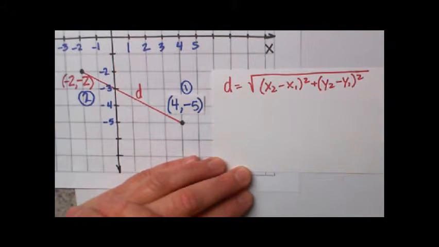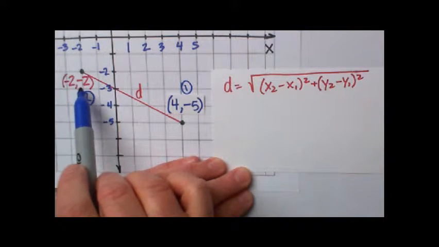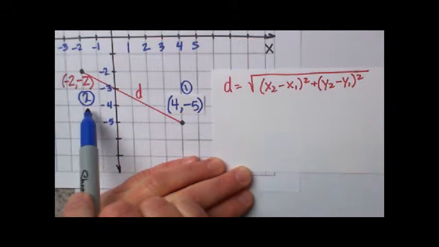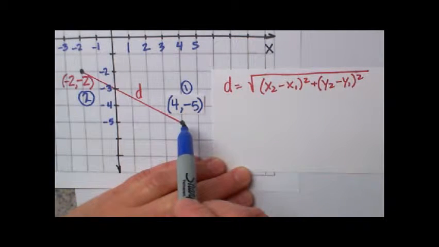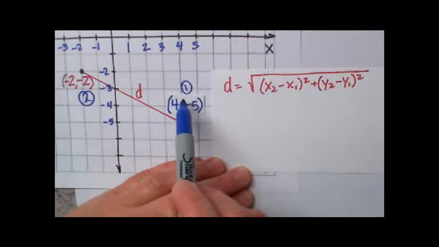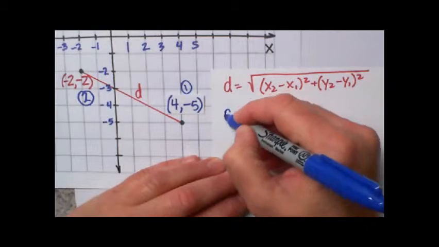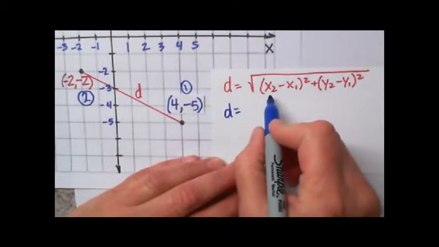Let's do one more example of the distance formula. This time I have a line segment with endpoints -2, -2, which I'm calling point 2, and then the other endpoint is 4, -5, and I'm going to use that as point 1 this time. So here's our distance formula. I'm going to go ahead and fill this out.